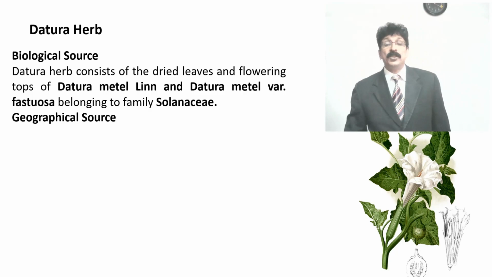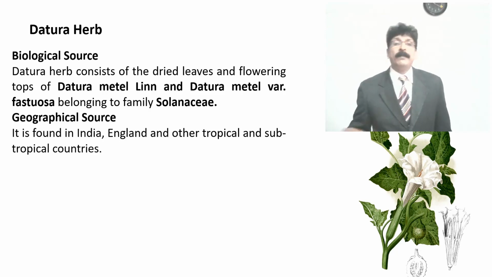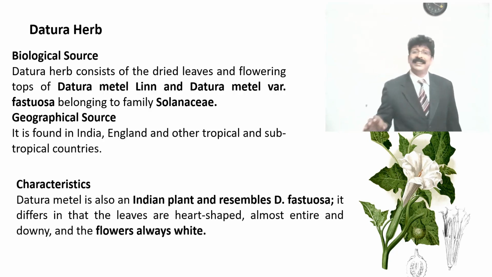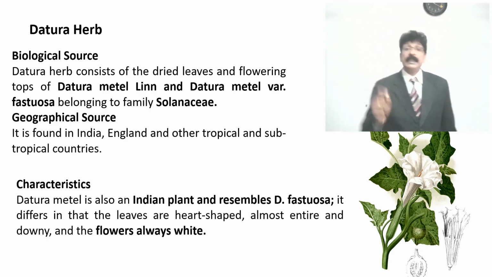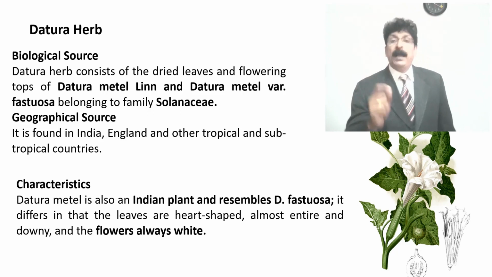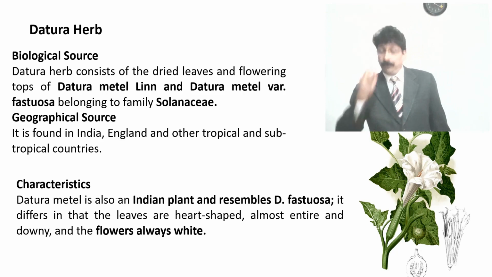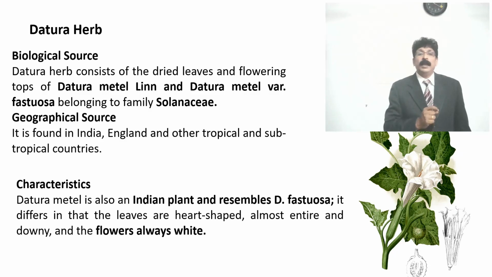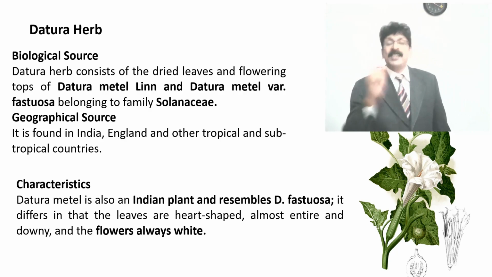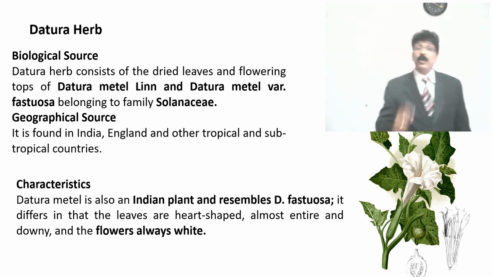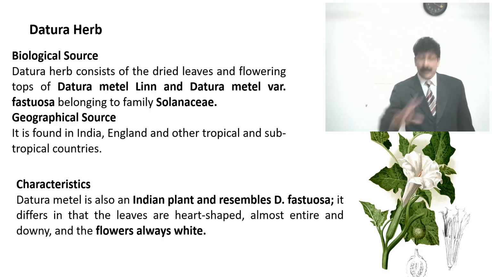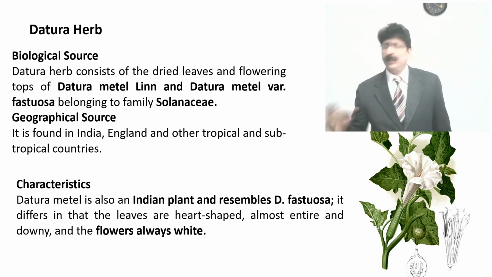Geographical source: it is found in India, England, and other tropical and subtropical countries. Characteristics: Datura metel is also an Indian plant and resembles Datura fastuosa. It differs in that the leaves are heart-shaped, almost entire and downy, and the flowers are always white in color.